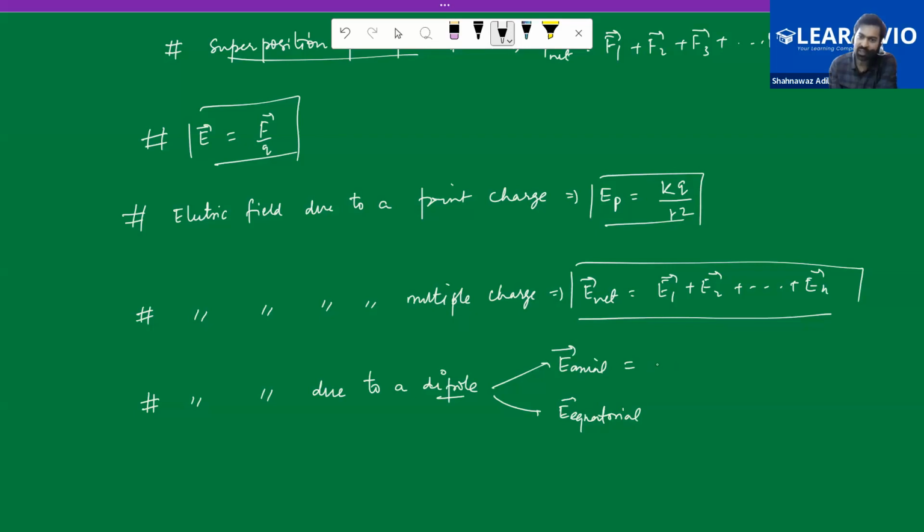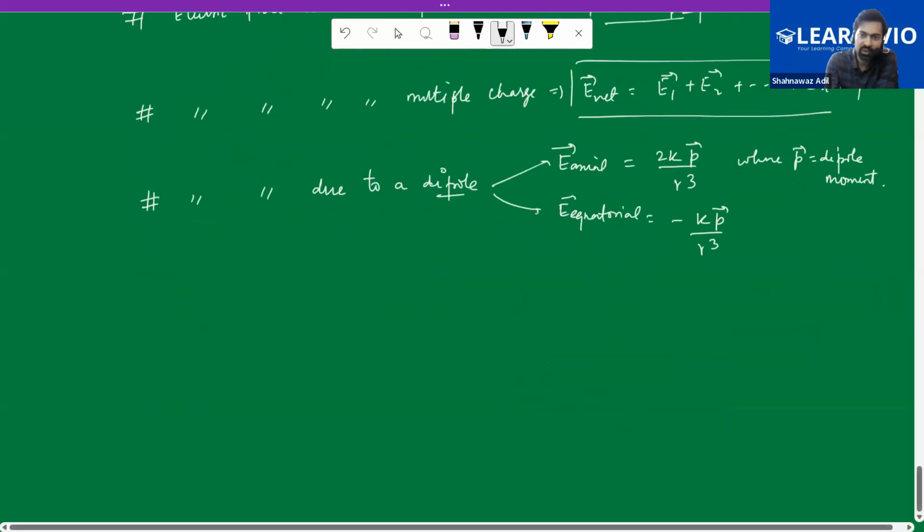So the axial electric field is 2kp by r cube. The equatorial is minus kp by r cube, where p is the dipole moment. So these are the things we have studied so far.